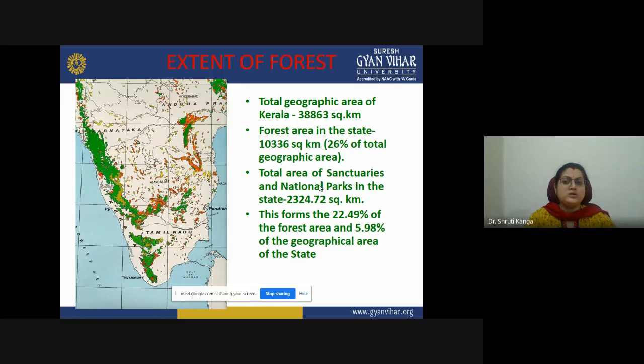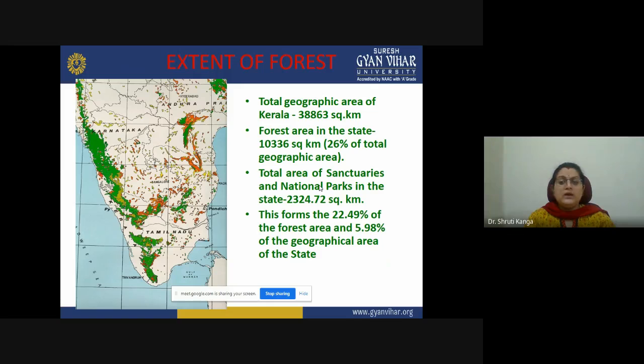Now the extent of forest in this case study. The total geographic area of the state is around 38,863 square kilometer. And out of that, the state has around 10,336 square kilometer as forested area, which is around 26% of the total area of the complete Kerala state.